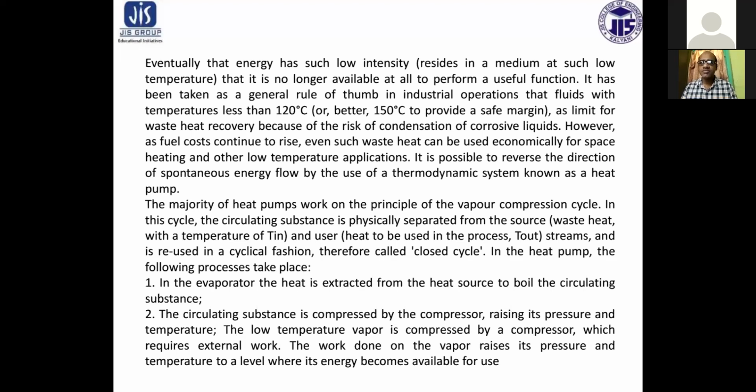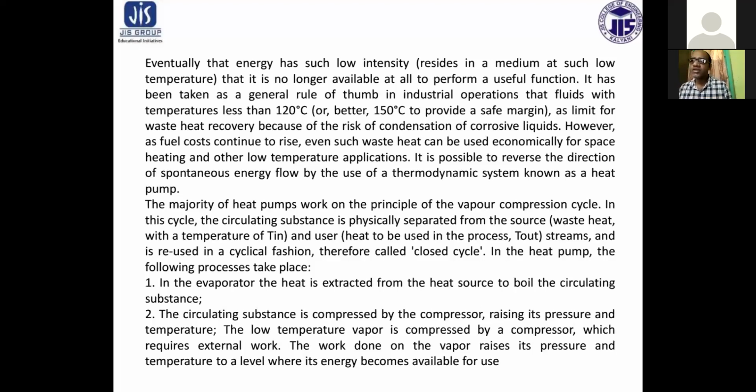In heat pumps, the following processes take place. Number one, in an evaporator, heat is extracted from the heat source to boil the circulating substance. Number two, the circulating substance is compressed by the compressor, raising its pressure and temperature. The low temperature vapor is compressed by a compressor which requires external work.